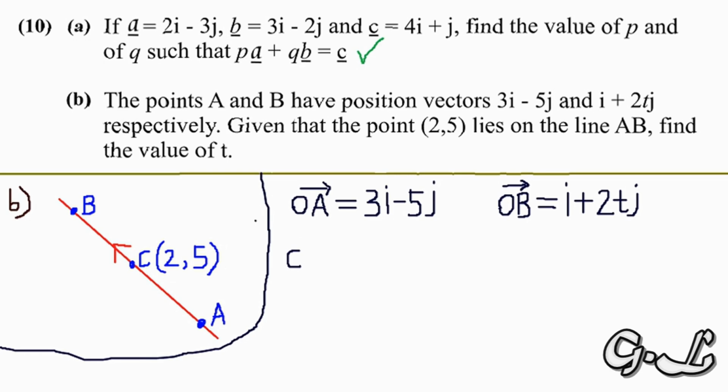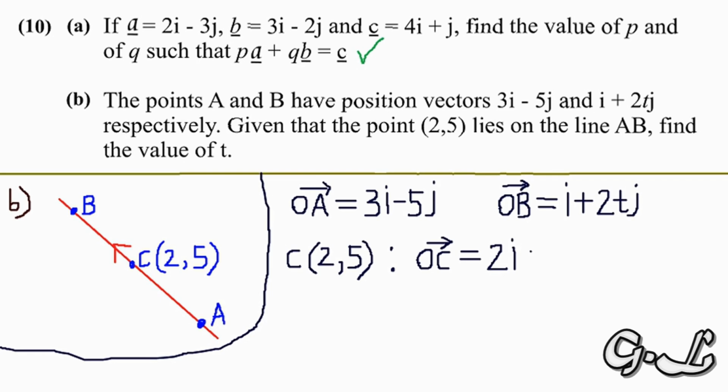Now this is going to be converted into the vector form. How is it going to be converted? When you check the x-coordinate, the x-coordinate is going to have the i. That's one thing that you need to keep in mind.